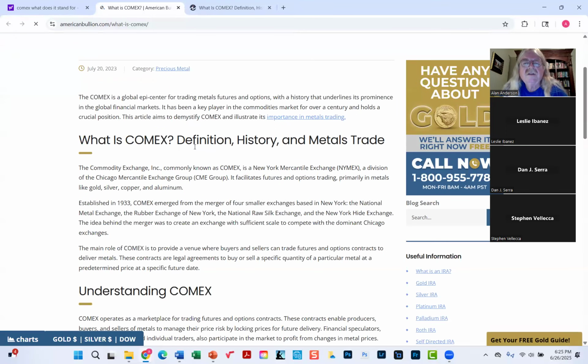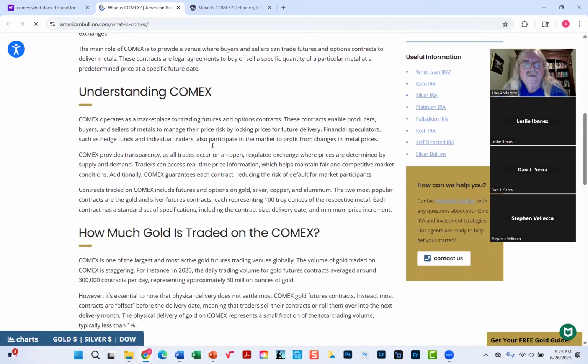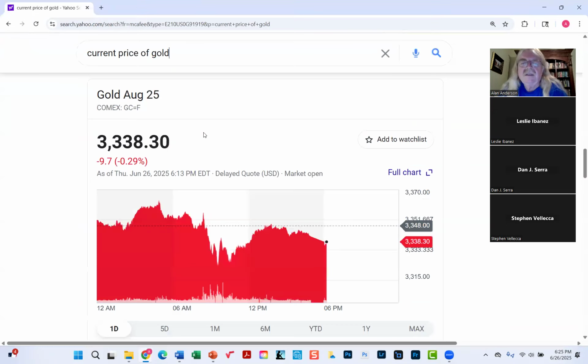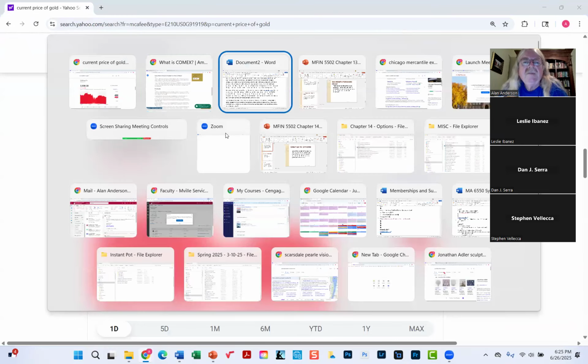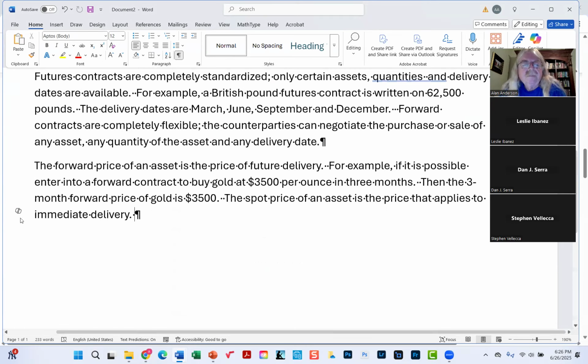It's known as a COMEX, is the New York Mercantile Exchange, unless the CME owns the New York Mercantile Exchange. Well, we'll worry about that later. But the Chicago Mercantile Exchange actually is a result of multiple mergers between other exchanges that don't really exist anymore.